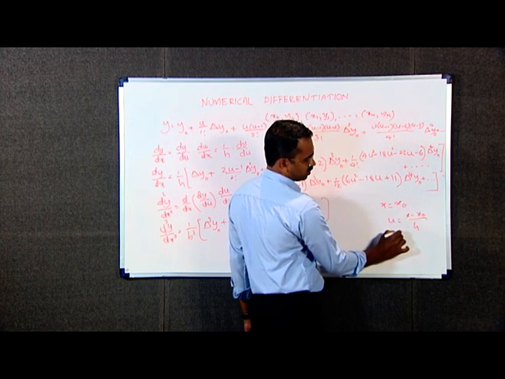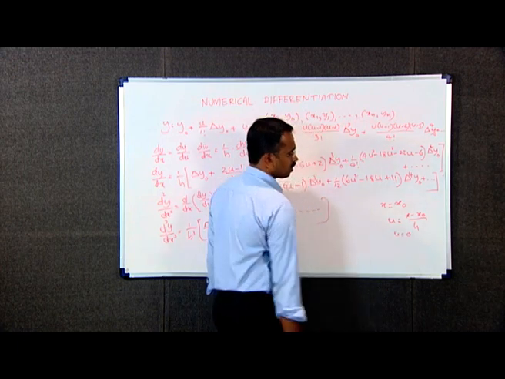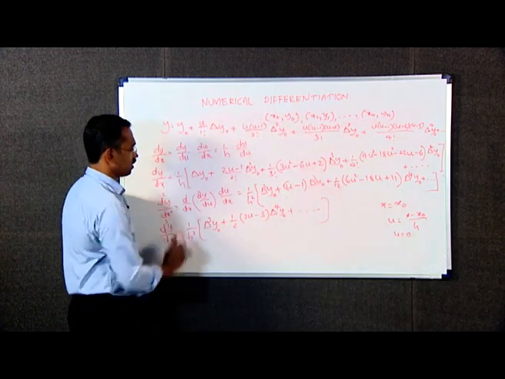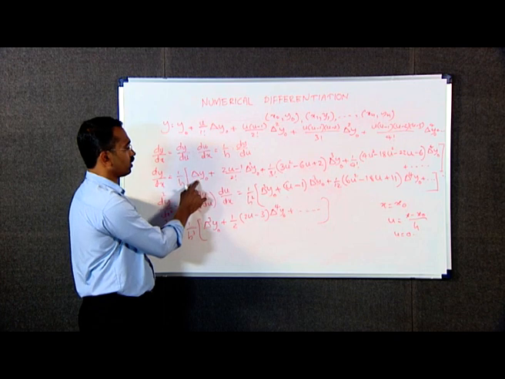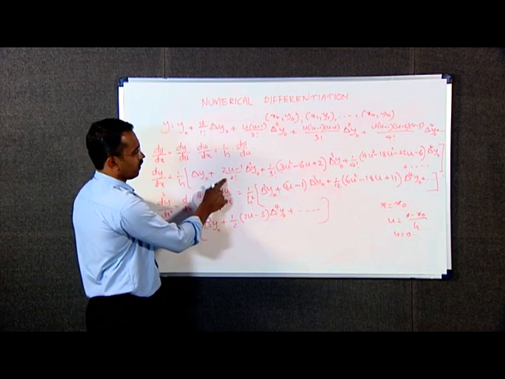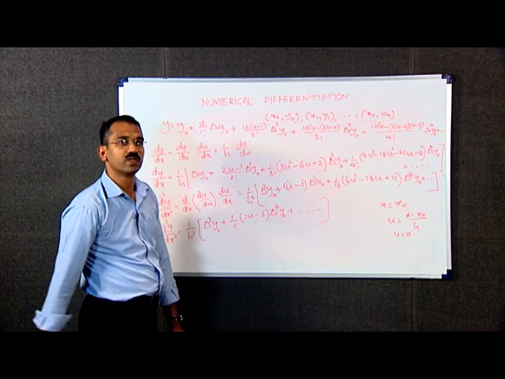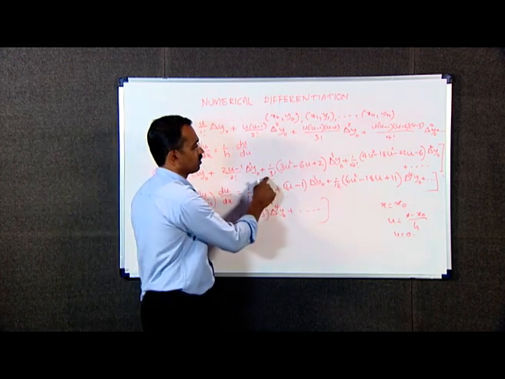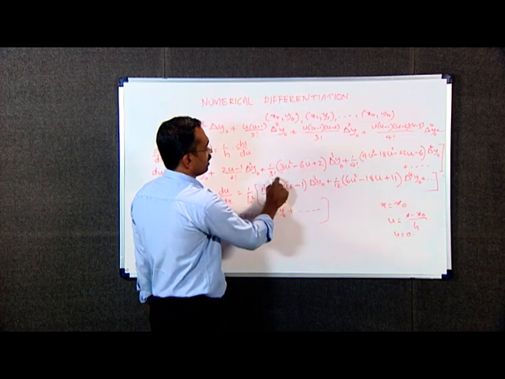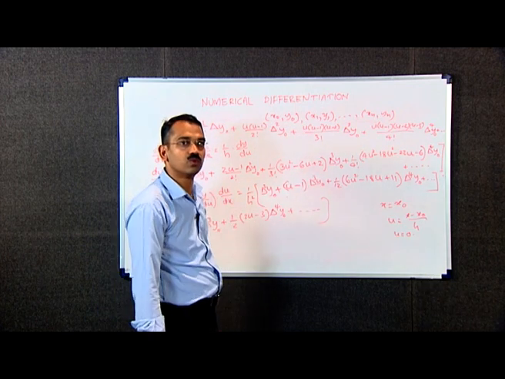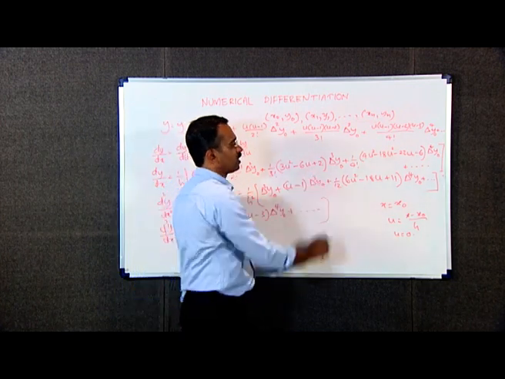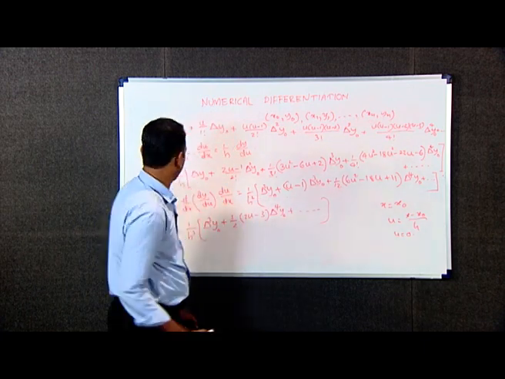Therefore, the first derivative will become 1 by h into delta y naught minus 1 by 2 factorial into delta square y naught plus 2 by 3 factorial, which is 1 by 3, into delta cube y naught plus etc.